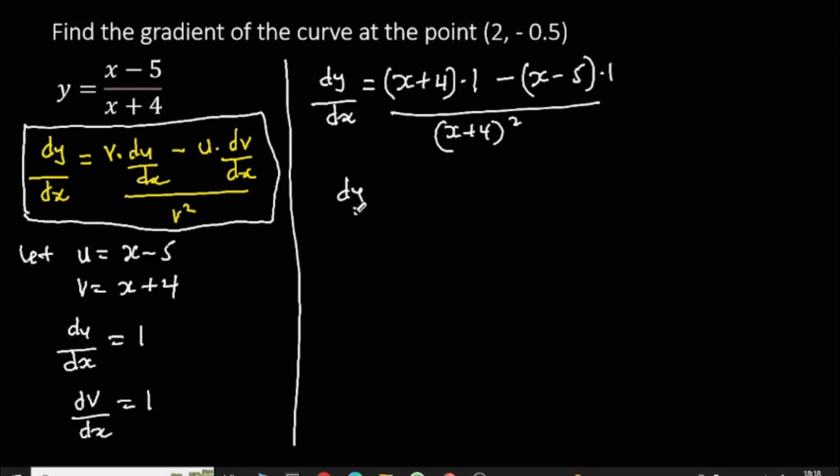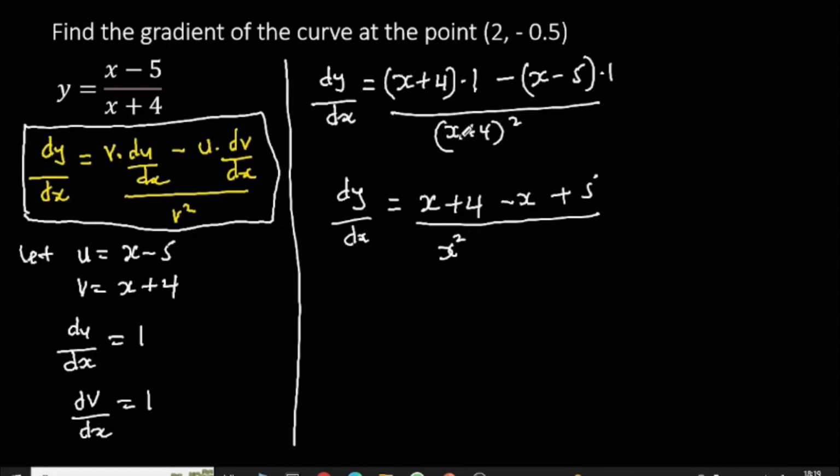So you're going to have dy/dx equal to, when you open up this bracket with 1, it's just going to give you x plus 4. Then you open up this bracket, which is going to be negative 1 multiplied by x, giving us negative x. Then you multiply negative 1 with negative 5, and that's going to give us a positive 5. Then you divide by the denominator squared. So in this case, we find the square of the first element, which is x squared.